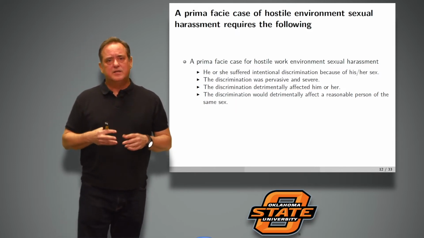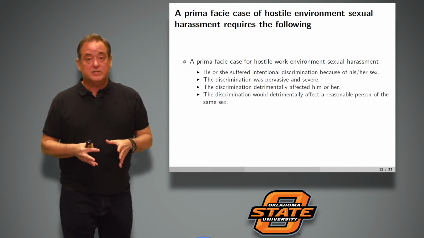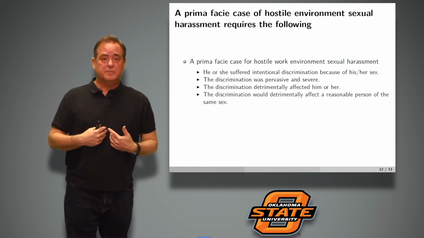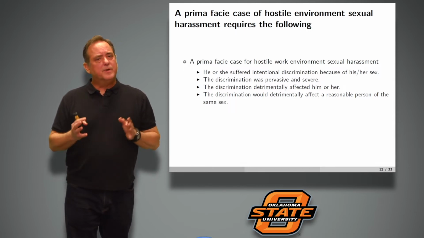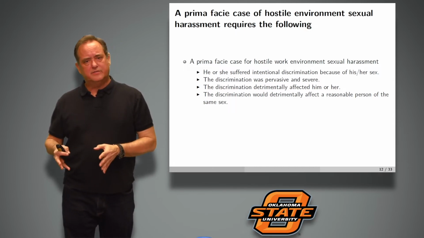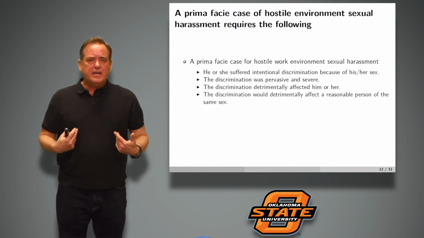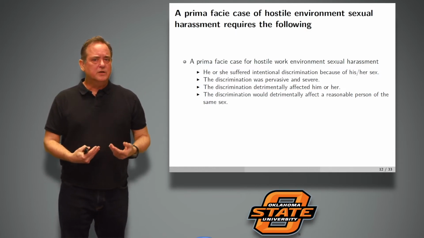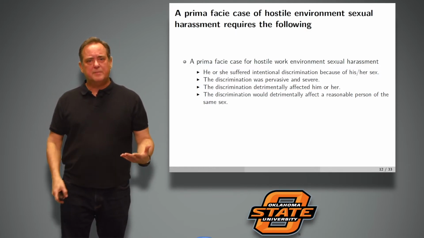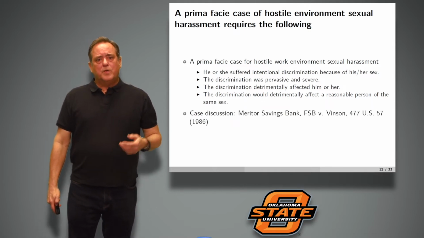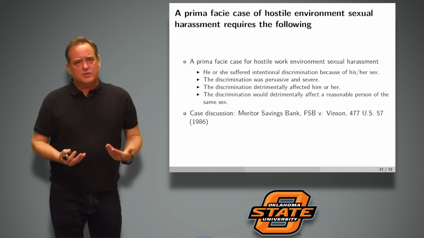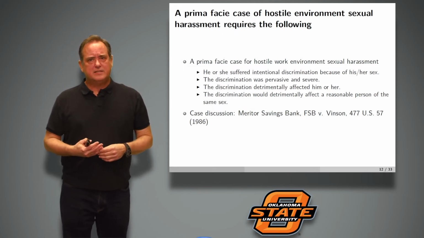There is the subjective aspect, which is to say, I was harmed by it, I suffered because of the sexual harassment. But then there's also the objective component, which is to say, anybody in my position would have suffered the same detrimental effect. So those are the standards for the prima facie case of hostile work environment.